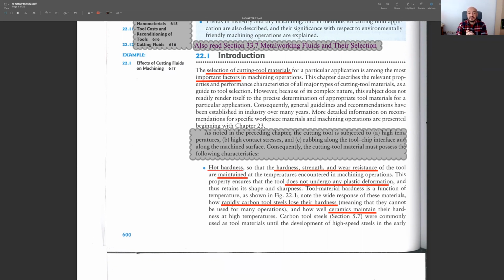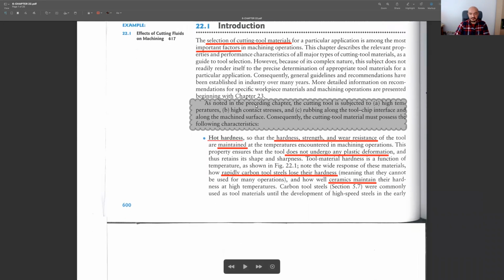Your cutting tool should withstand these contact stresses. Then we have some rubbing due to the friction between the chips generated and the rake face of the tool, and also friction between the flank face and the machined surface. So we should be aware of these and then design and select our cutting tool accordingly.